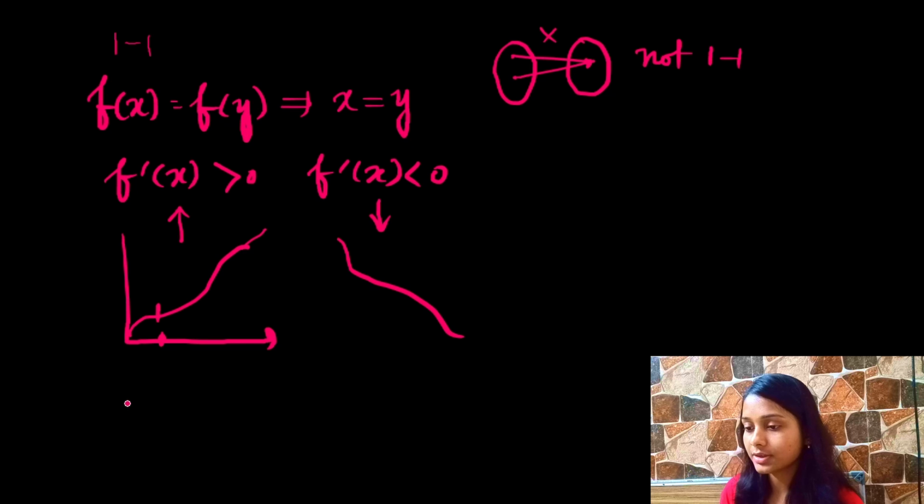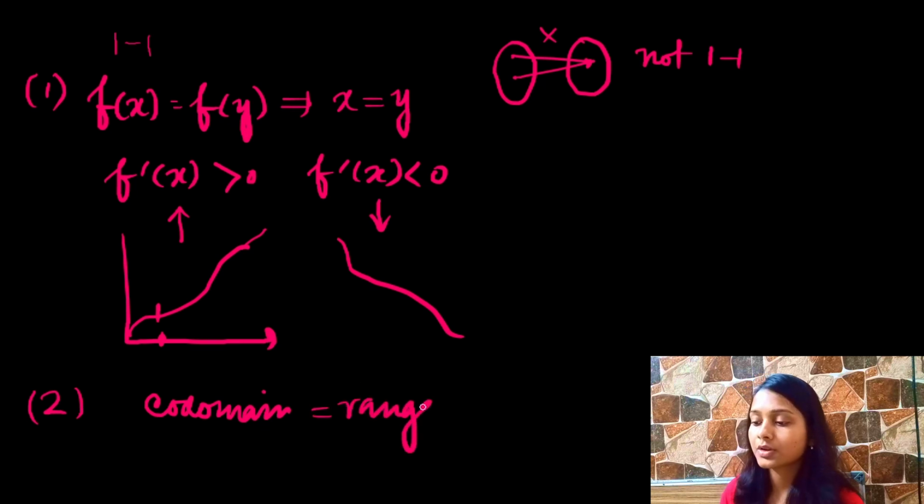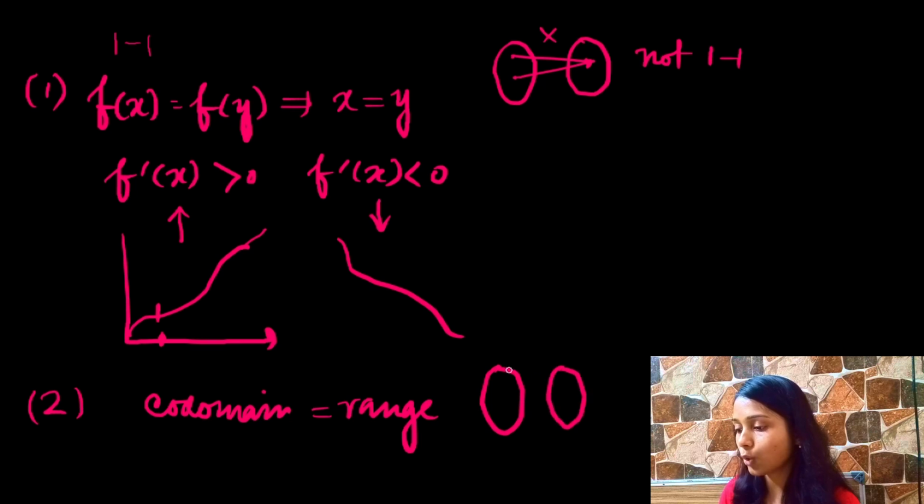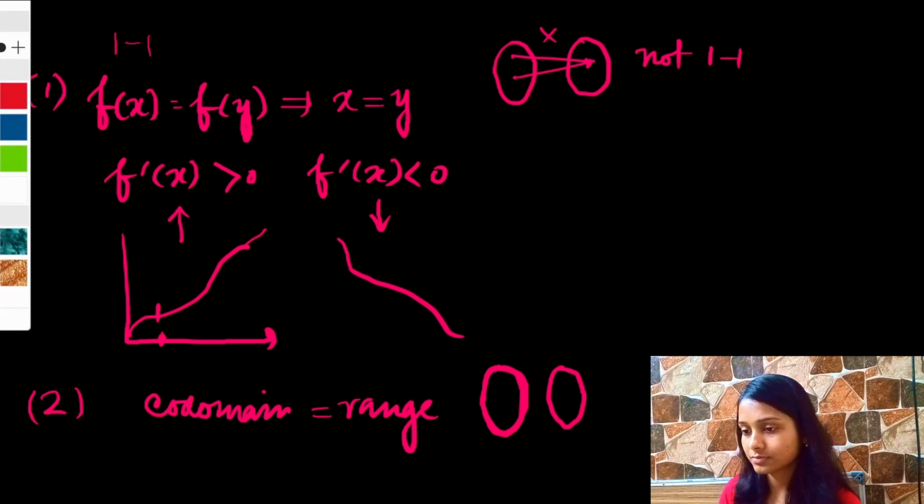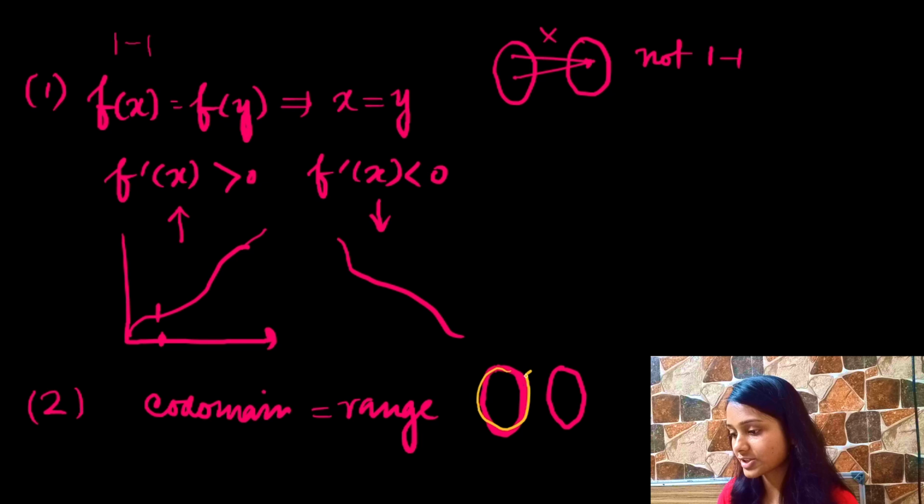For an onto function, the codomain must be equal to the range. So here, this whole domain must be mapped to the whole codomain.